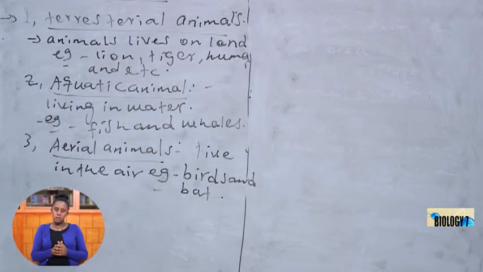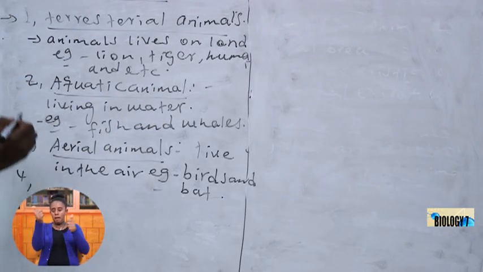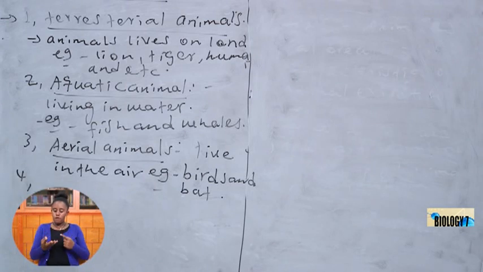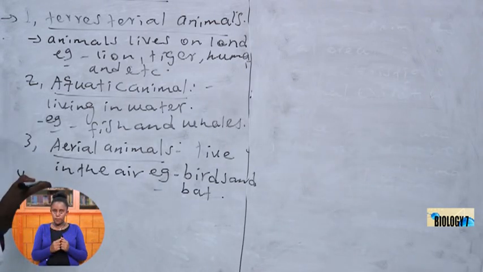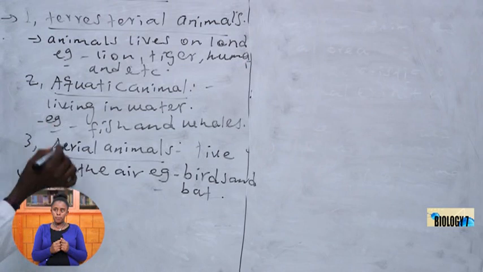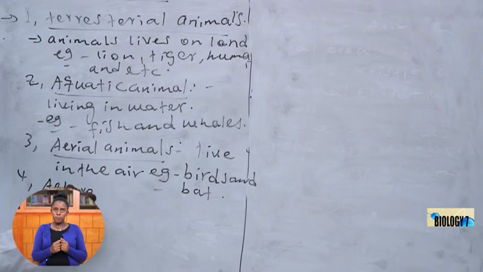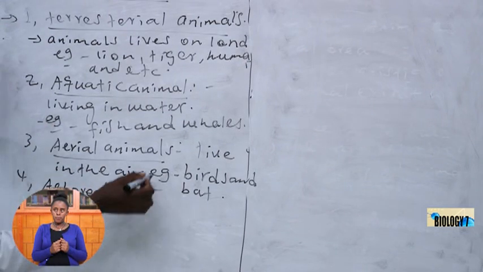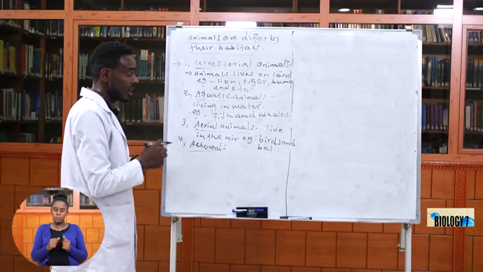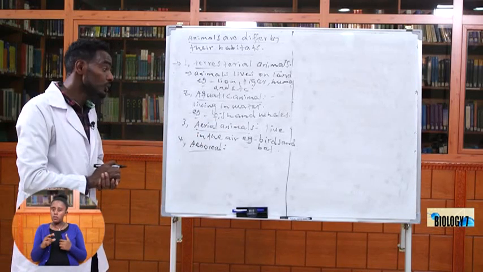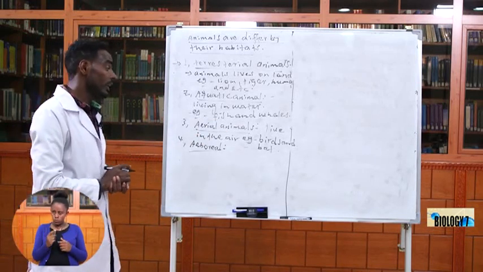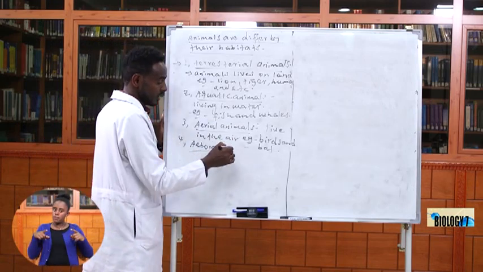Both birds and bats are aerial animals. The fourth one is arboreal animals. Arboreal animals are animals that live on the branches of trees.